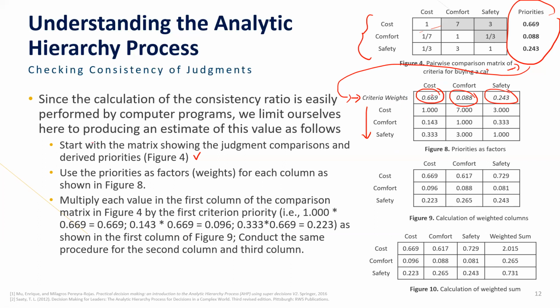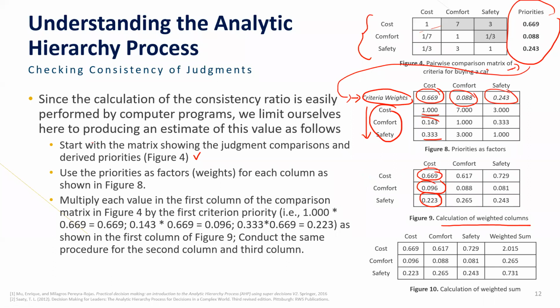For example, 0.669 you multiply by 1, you get this one. 0.669 you multiply by this one, you get this one. And 0.669 you multiply by 0.33, you get this one. This is called the weighted calculation column. So you weight the criteria based on the priority or the criteria weight that we used earlier.